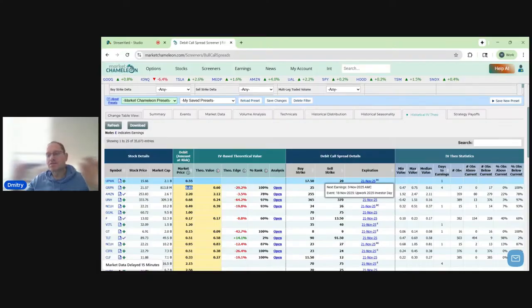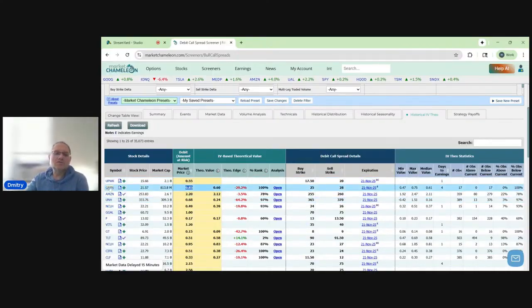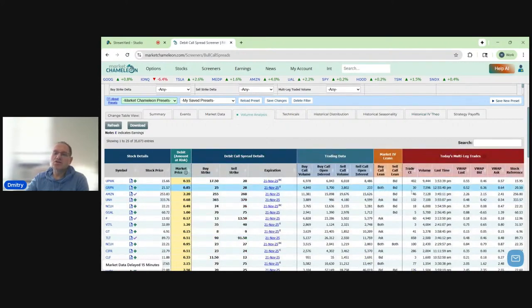And if we don't have enough observations, it just doesn't create any analysis, because using just one or two observations is not enough. But let's take a look at Groupon. So Groupon traded 7,596 contracts in this spread, the November 21st, 25, 28 call spread.